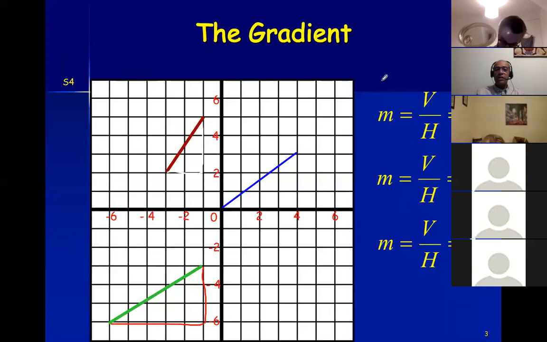And if you've got your calculator, 3/4 is 0.75. 3 over 2 is 1.5. So straight away, you can tell me that the second one here, the red one, is steeper than the blue one just by looking at the gradient value. 3 divided by 5 is 0.6.